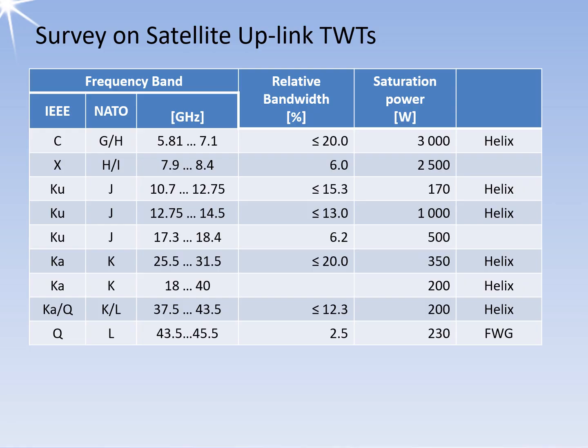For example, the table shows data from some traveling wave tubes for satellite communication. The traveling wave tubes, utilizing a helix as a slow wave structure, can be identified by their high bandwidth. In the millimeter wave range above 40 GHz, folded waveguides are predominantly used.